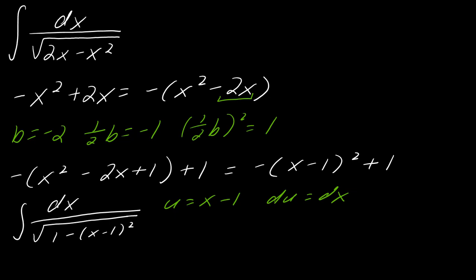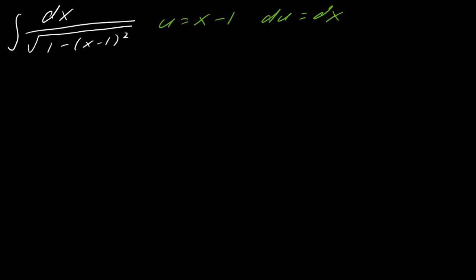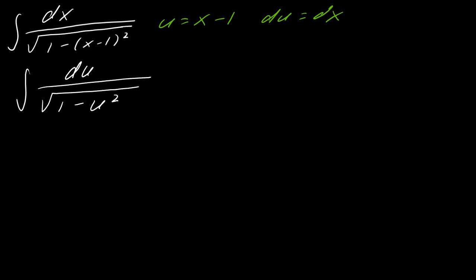So this feels like I have a lot more traction than what I had previously. Let me make a little space here. Now I can rewrite this. Let me change my color. So this will be du over the square root of 1 minus u squared.